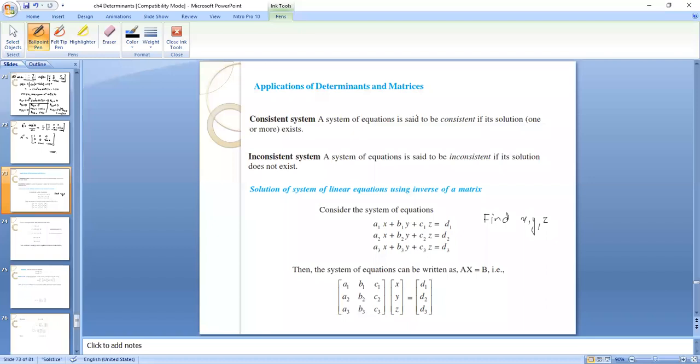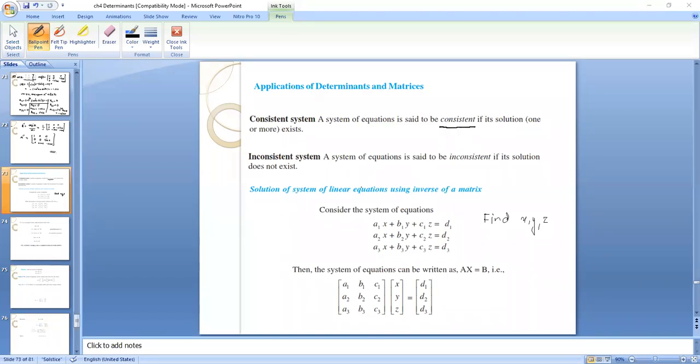So a system of equations is said to be consistent if its solution exists. If the solution exists, and we will be able to get the solution, we will say that the system of equations is consistent. A system of equations is inconsistent if its solution does not exist.